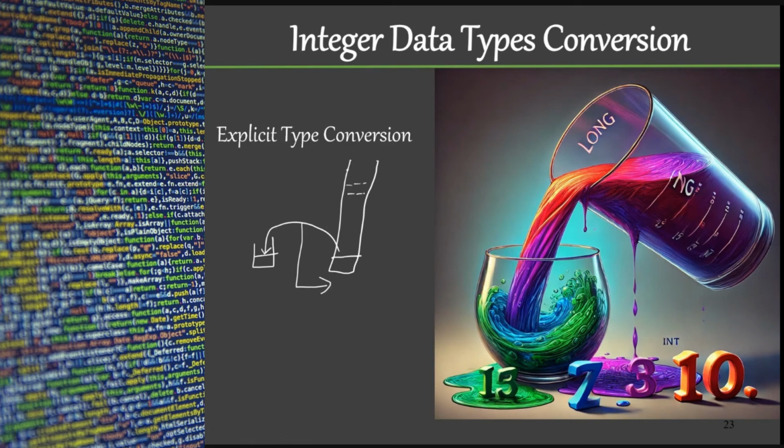So explicit type conversion is, we are telling Java explicitly that please, from long to short size data type you can convert. Implicit is, if you are converting from long to integer, no problem.